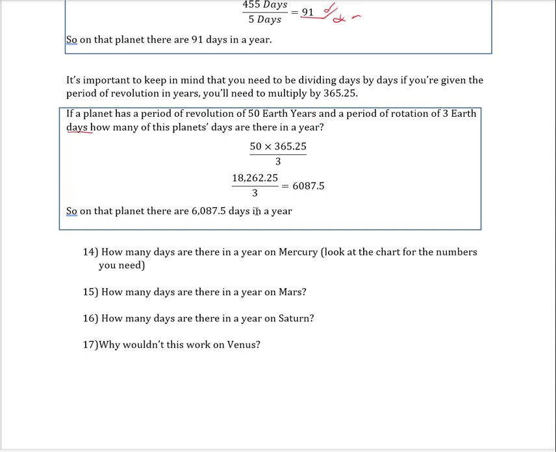So what do we do? It's simple. We just need to turn the years into days by multiplying by how many days there are in a year, 365.25.